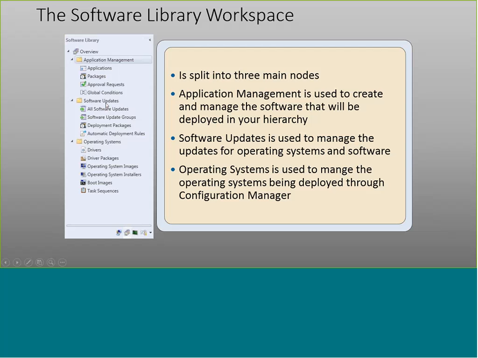So software updates, of course, is related to all WSUS updates, Windows Server Update Services. And this is another long installation, where we need to make sure all the devices get all the updates through SCCM, and then the operating system. So application management is used to create and manage the software that will be deployed in your hierarchy. Software updates is used for just the Windows critical updates.